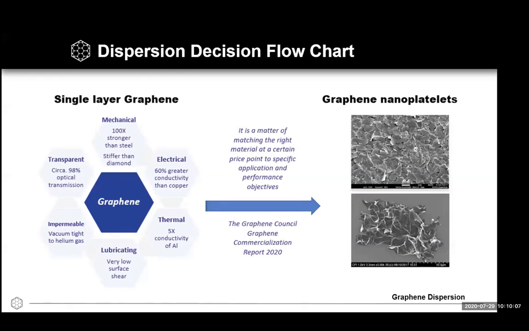And one of the quotes from the Graphene Council in their commercialization report from this year is all of the tension that you have with this novel, remarkable technology, the right material, so picking the right type of graphene at the right price point, of course, and matching that with the specific application and the aspiration of performance that you're looking for.